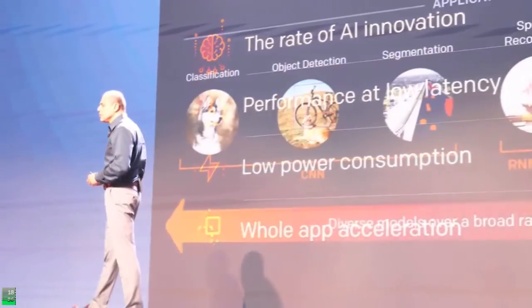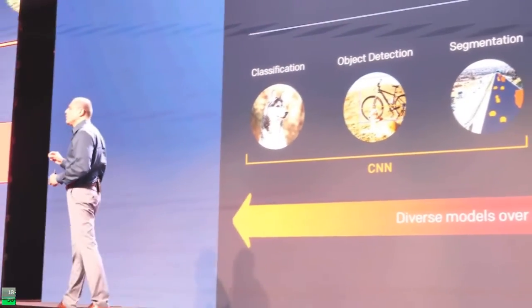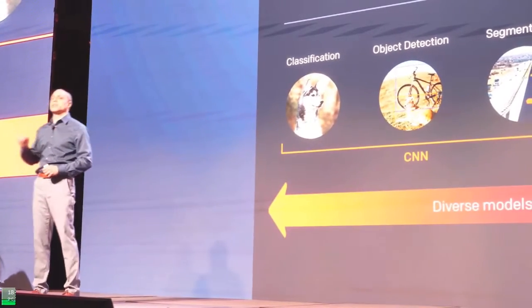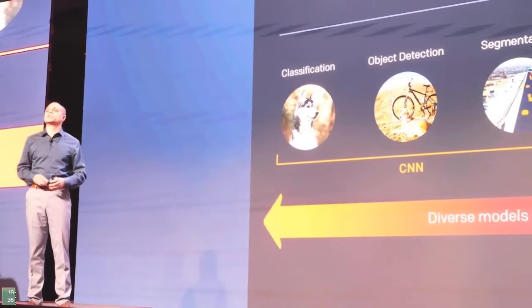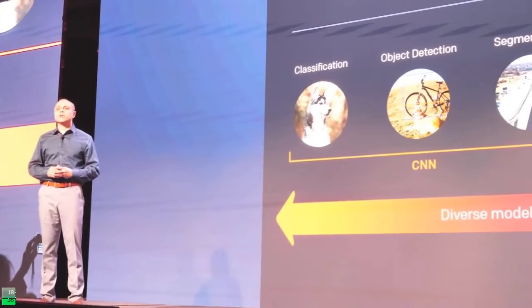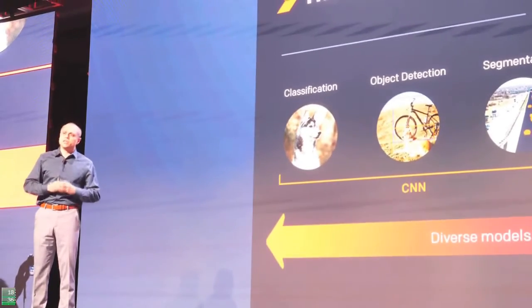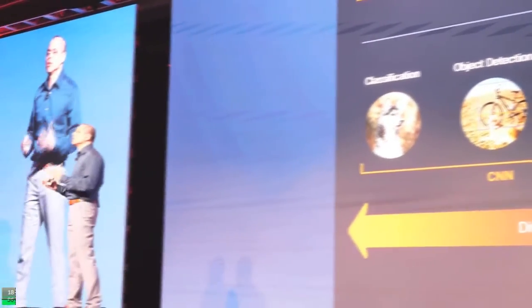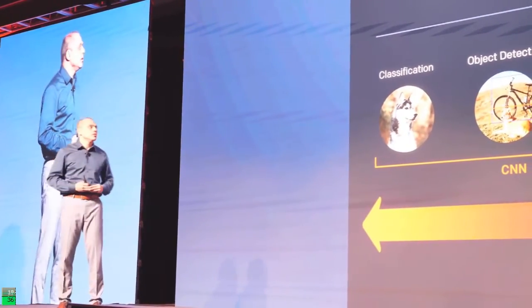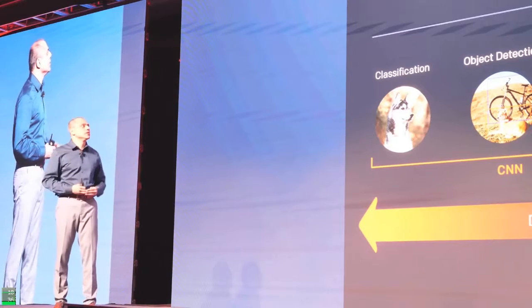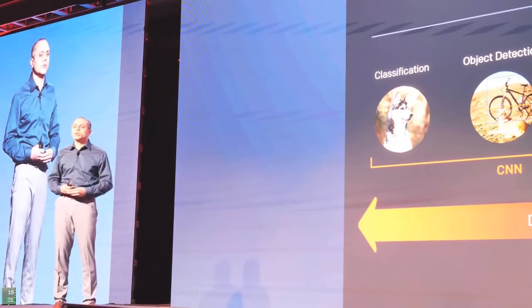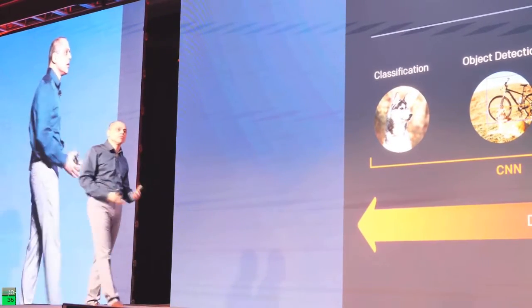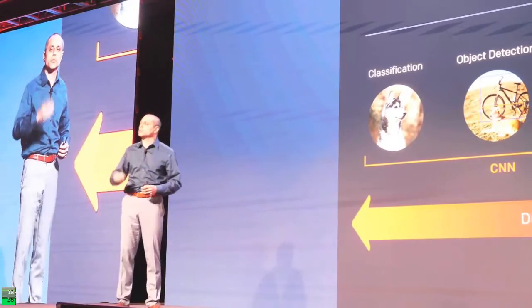Now, let's take a closer look at some of these challenges and see how Xilinx addresses these challenges. A few years ago, most of machine learning was focused on image classification and maybe recommendation engines. But just in the past few years, there's been a tremendous growth in the universe of applications where machine learning can be used. Object detection, segmentation, speech recognition, anomaly detection are just some of the applications where machine learning is being used.